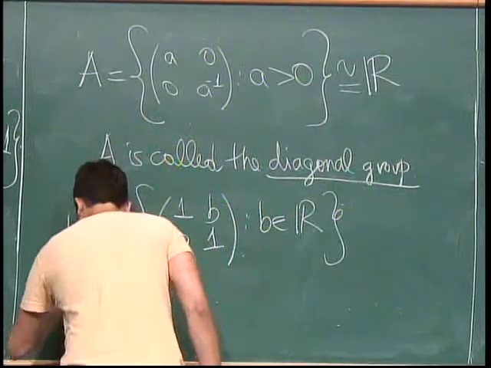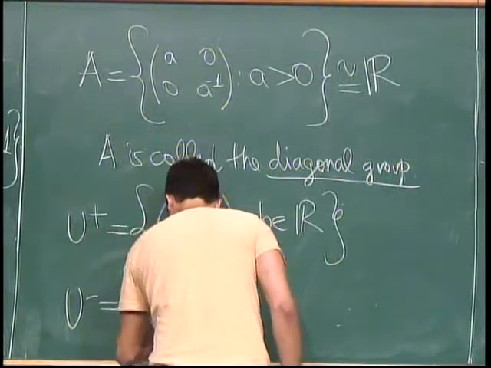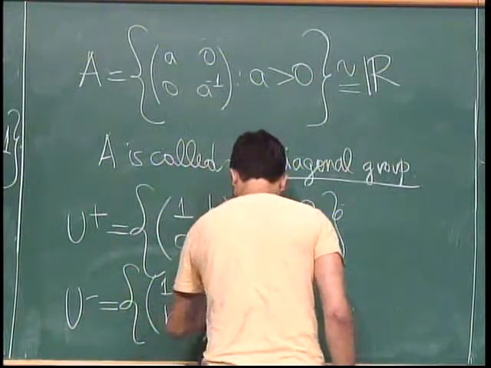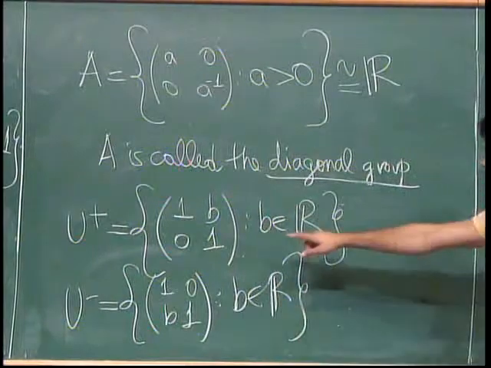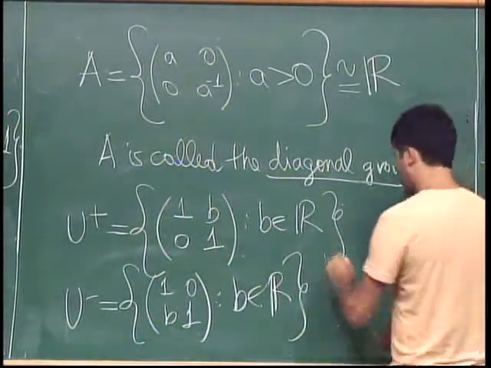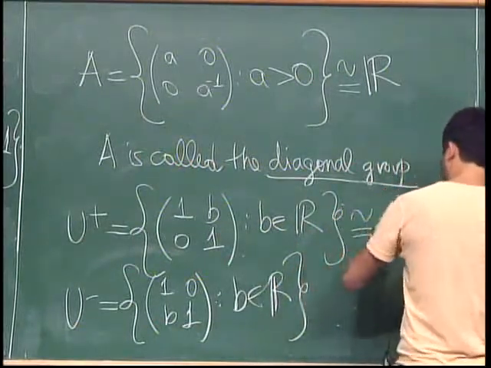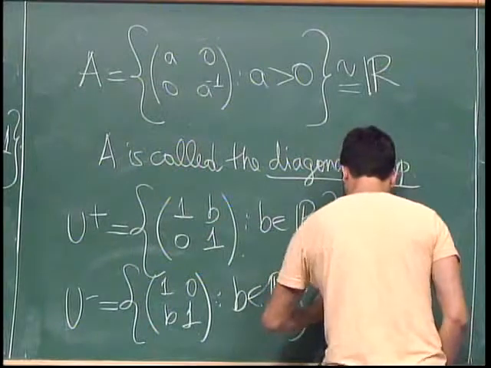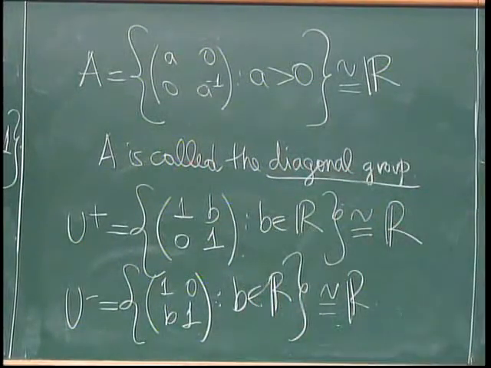And similarly, we have U minus, which is the transpose of this guy. These two guys here are again one-dimensional. They are isomorphic to R. And we call them the unipotent groups.